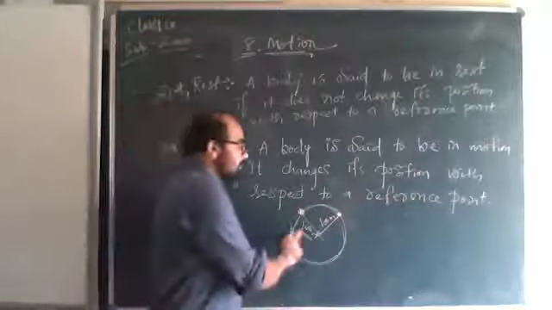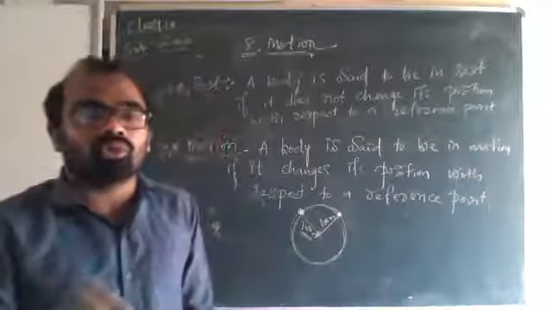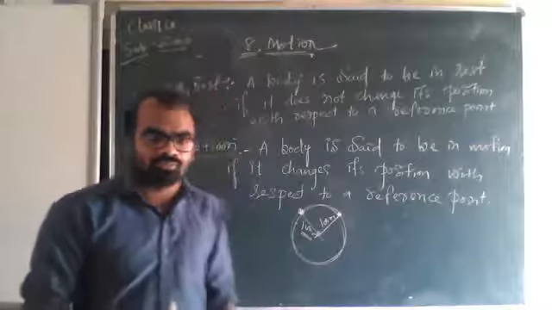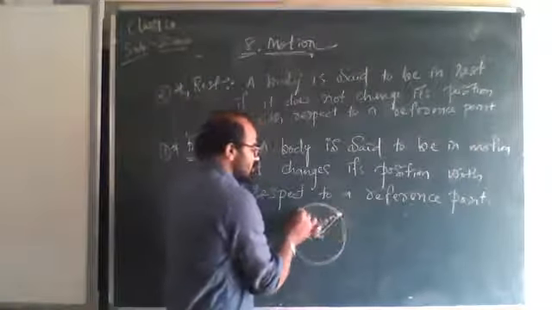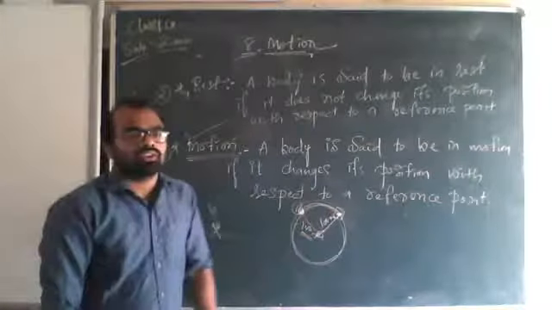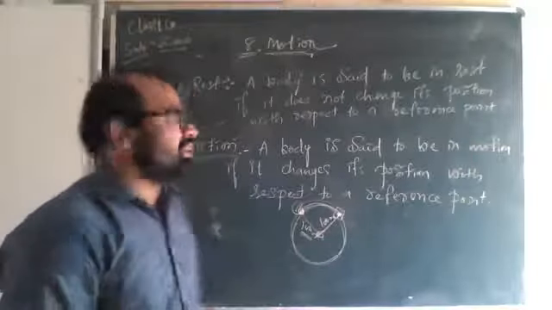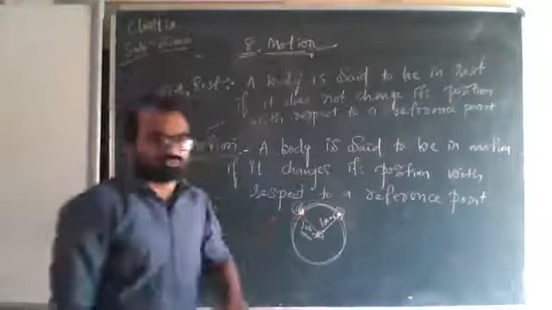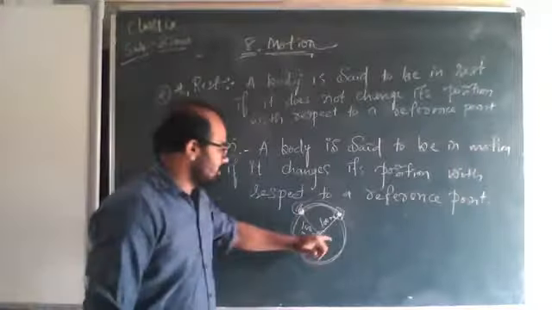On the basis of distance we cannot decide whether the body is in motion or at rest. But with respect to the reference point, it has changed its position, isn't it? From this position to this position it has come. That means it has changed its position, so we have to say that it is in motion. So don't consider distance or displacement in motion here.